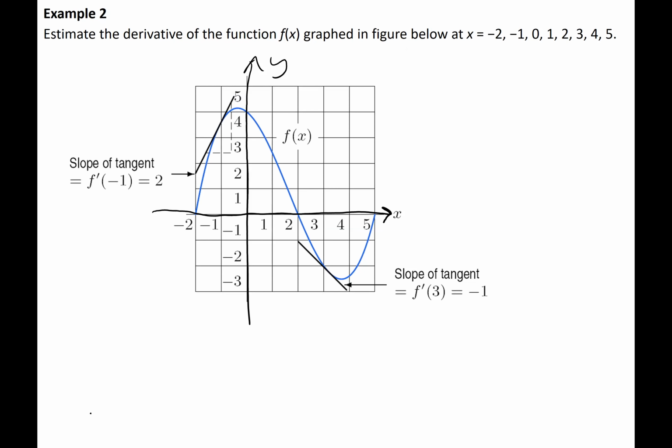Okay. And I need a pen. And at -1 it looks like this point, right? At -1, we can draw a tangent and find the slope. That means the approximation is the slope will be rise over run and looks like 2/1, 2.